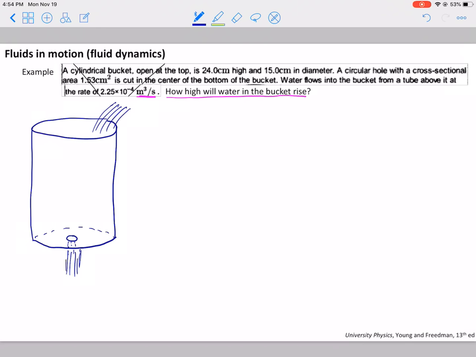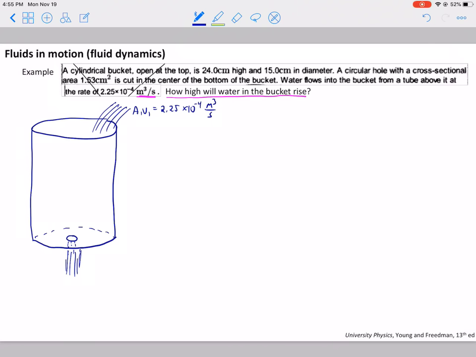Okay, so let's see, the flow into the top is the volume flow rate. If you want to think of that as A1 V1, for the top it is 2.25 times 10 to the minus 4 meters cubed per second. And let's see, what else do we have here?